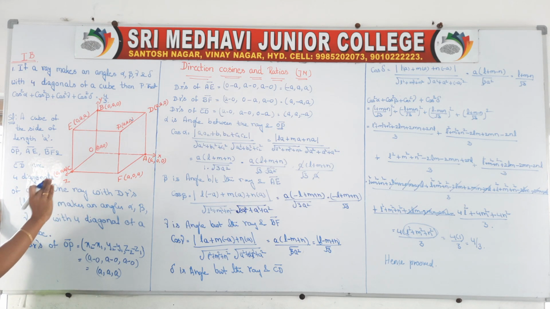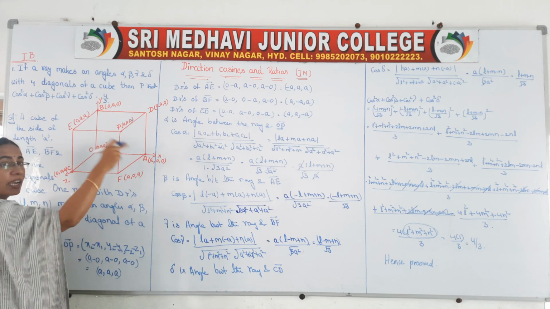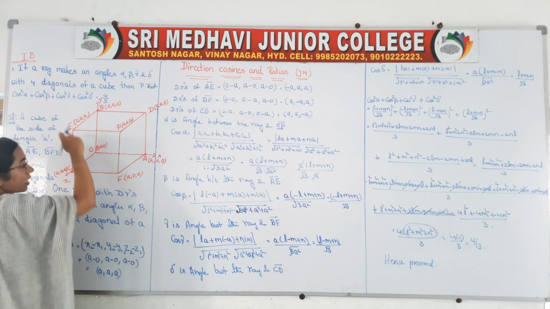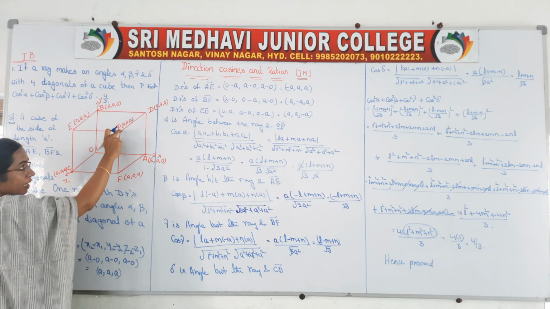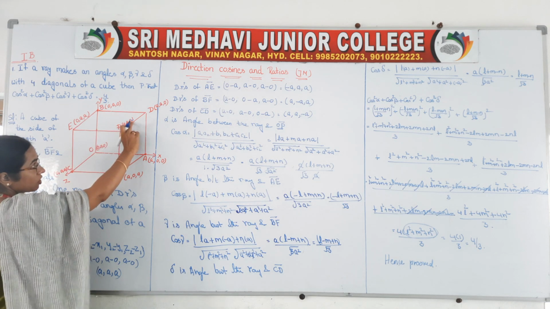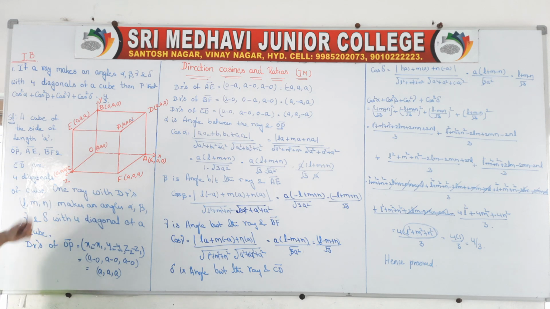Be careful while taking the points. Okay, so first I have taken A, B, C on x, y, z, then this corner I started D, E, F, and this is P. P lies in all x, y, z planes, that's why it contains all the coordinates a, not any 0.